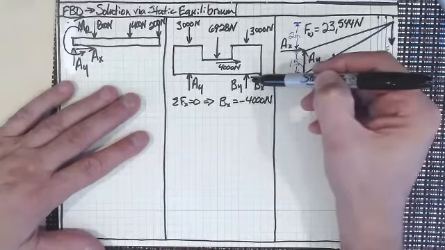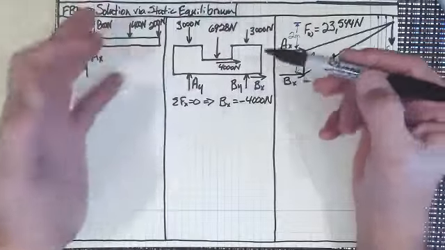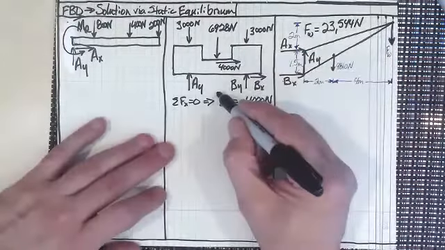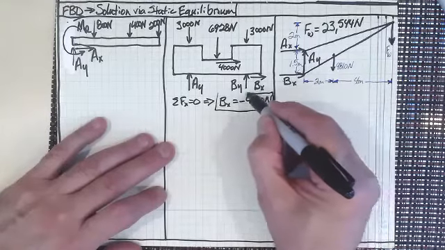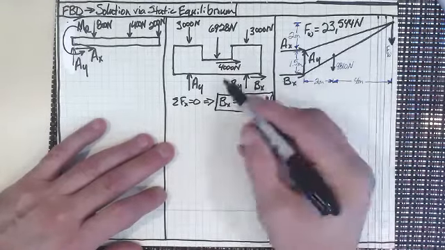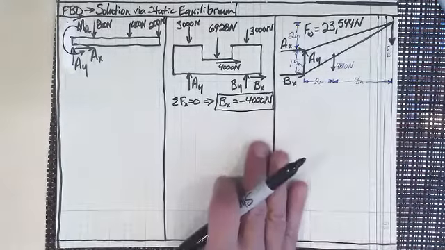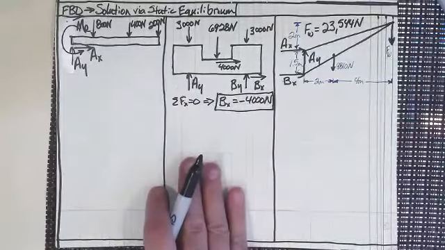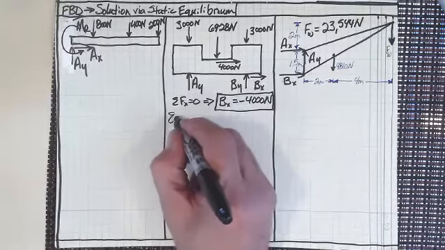So if I was pushing the block in that direction, shouldn't B be pushing back against it? So there you go. We actually chose B in the positive direction in the first place, and the answer we got is what direction B of X would actually be working in, right? Okay, so that was summing the forces in the X direction.